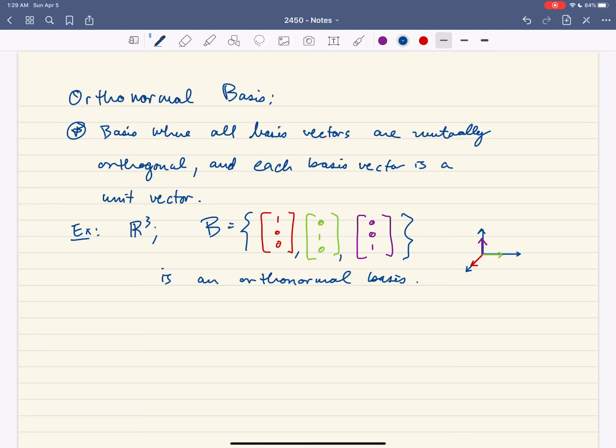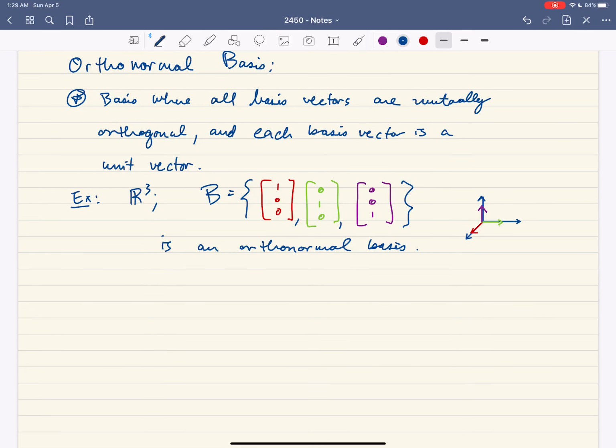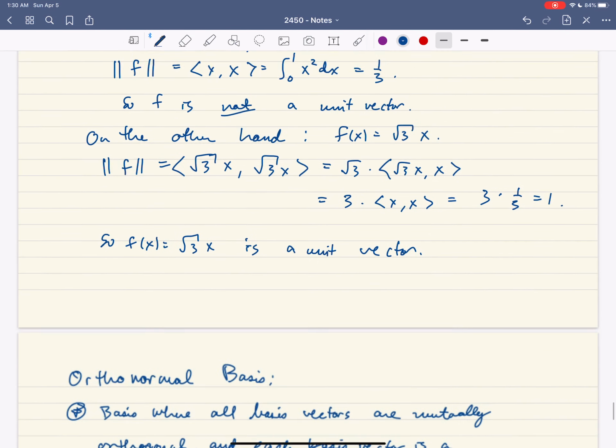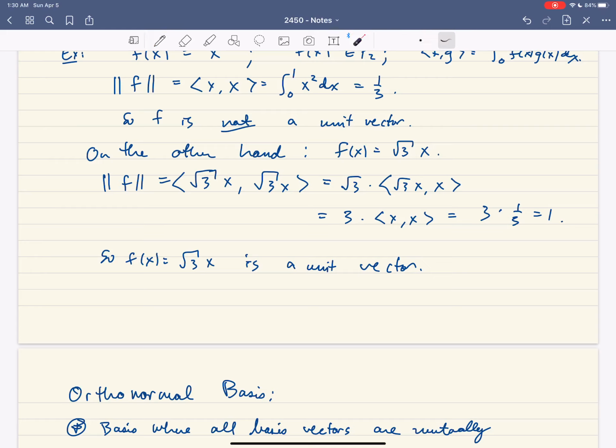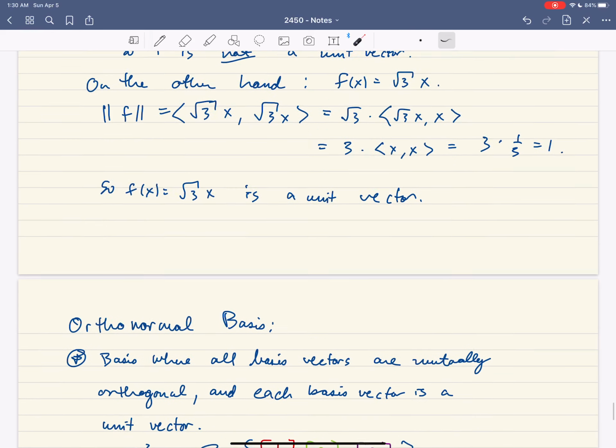There's a process that you could go through. Start with any basis you want, and you can use some geometry to come up with an orthogonal basis. And then once you have an orthogonal basis, you can always just do the trick that we did before of scaling. You can scale your vectors, and you can turn every vector into a unit vector in the same direction.